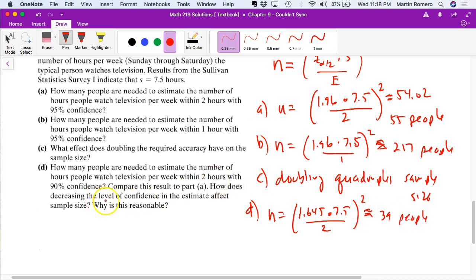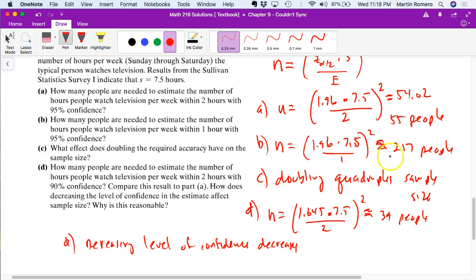And so how does decreasing the level of confidence in the estimate affect sample size? Why is that reasonable? What you figure out is decreasing level of confidence decreases sample size.